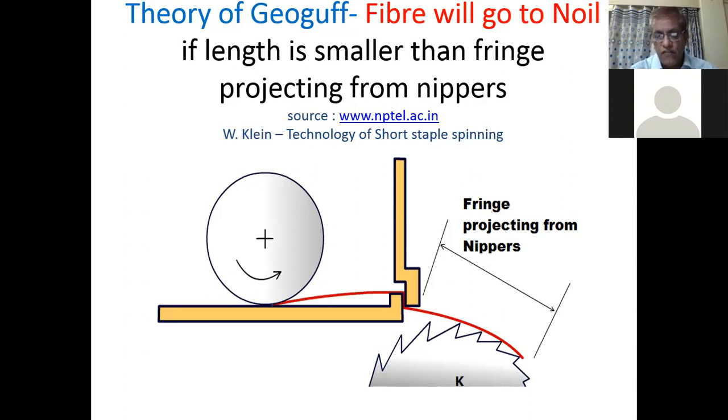Now suppose any fiber is shorter than this length, then there are chances that it may go to the noil. So the first principle or assumption is that fiber will go to noil if length is smaller than the fringe projecting from the nippers. So we are sure if any fiber is shorter than this, it may go to the noil.